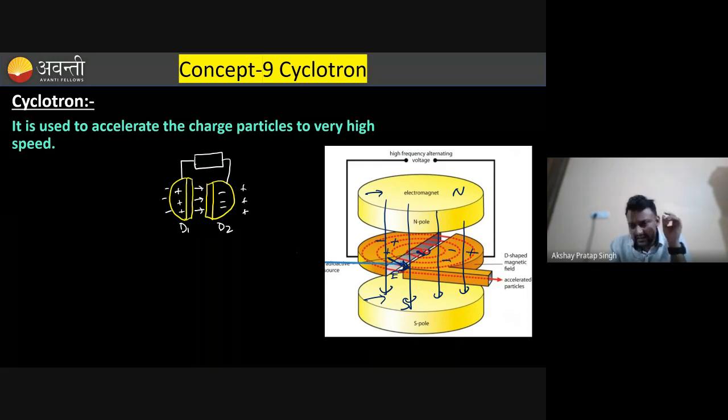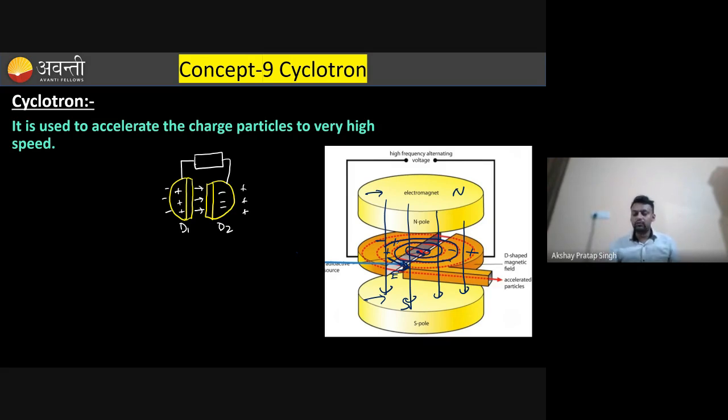Due to this, it again gets accelerated and enters the other D, and this is why it moves in a spiral path like this. In between the Ds, its velocity increases by the electric field, and inside the D, it is rotated in a circular path.